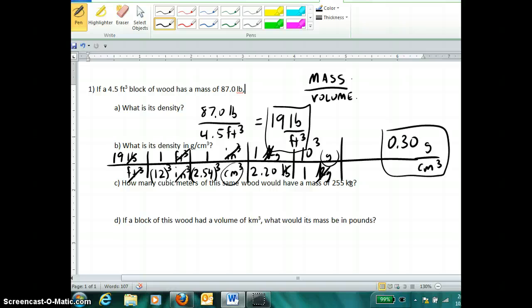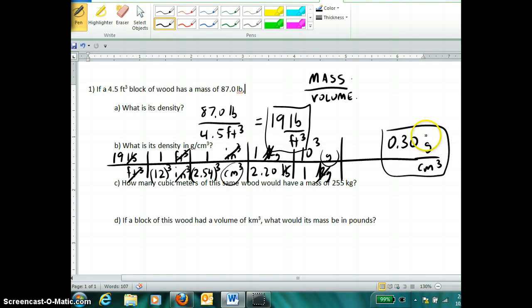Units can always be converted. Now, the quantity represented by cubic meters is a volume. And in my density, either one of them, I have a volume of this metal given. So I can use either one of these to get my answer. What volume of metal would we have? And for simplicity's sake, I'll use this one right here.